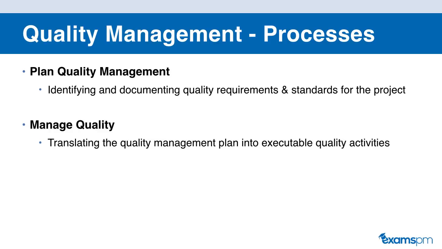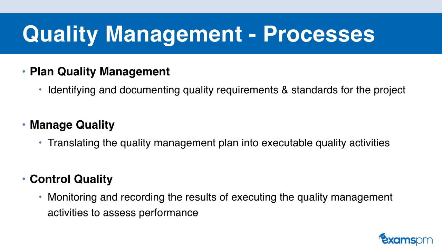You're translating the quality management plan into actual activities that you can incorporate onto your project in order to ensure that you have high quality. And then the last process in quality management is to control quality. This is where you're monitoring and recording the results of the executing quality management activities in order to assess your performance as to how well you have adhered to the quality requirements.